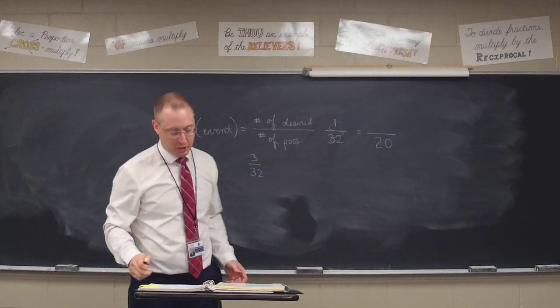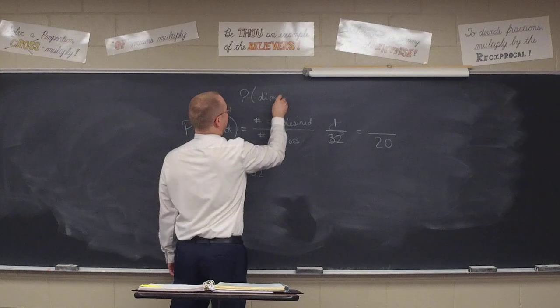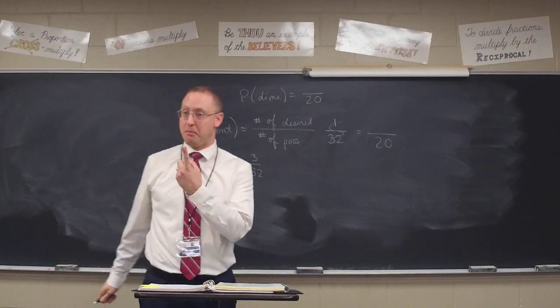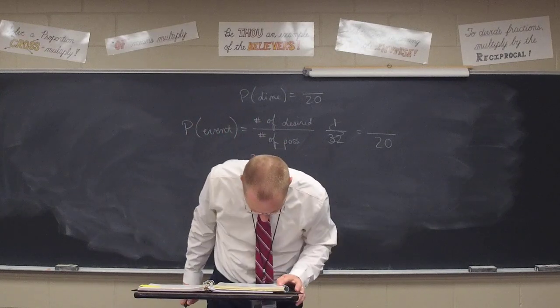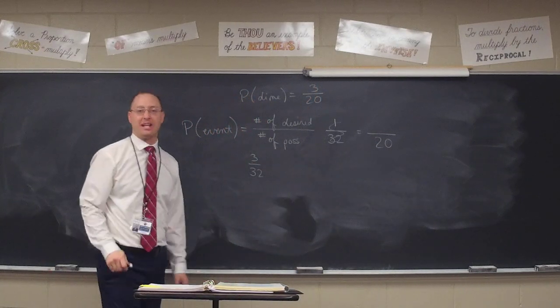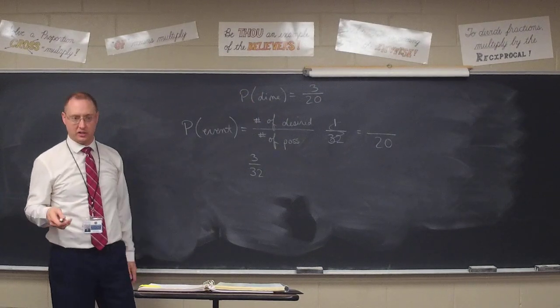And it says, what's the probability she chooses a dime? So the probability she chooses a dime is something out of 20. There's more than one dime in the bank, right? How many dimes does it say are in there? 3. So does it make sense that there's a 3 out of 20 chance? 3 of the 20 coins are dimes, so there's a 3 out of 20 chance she gets a dime.